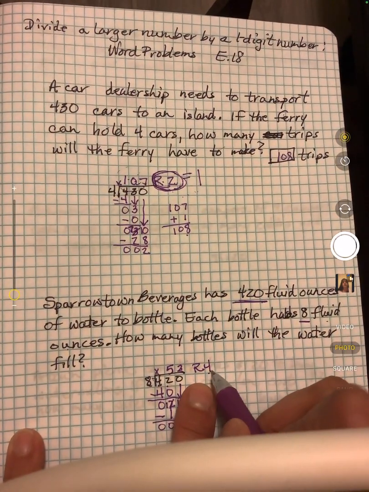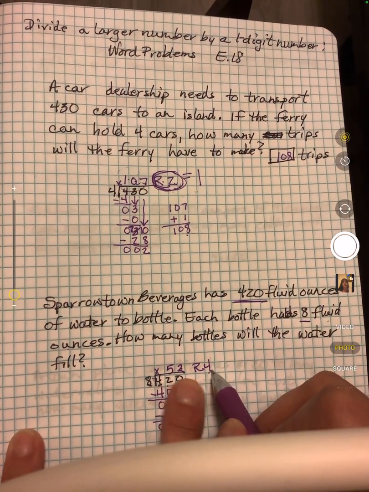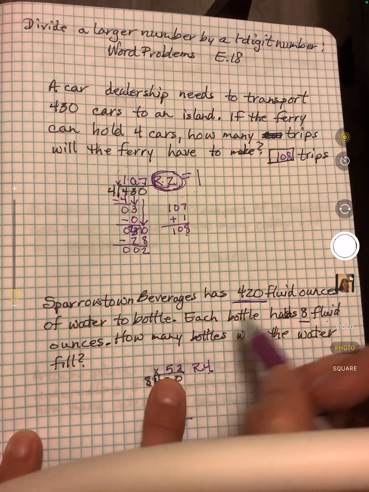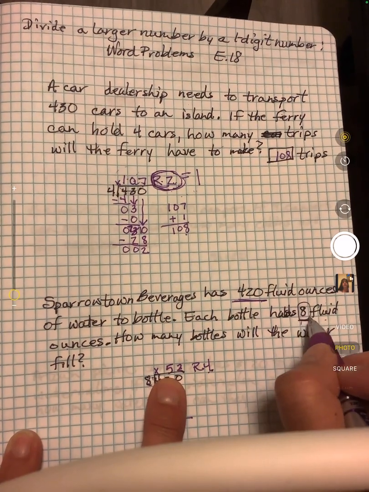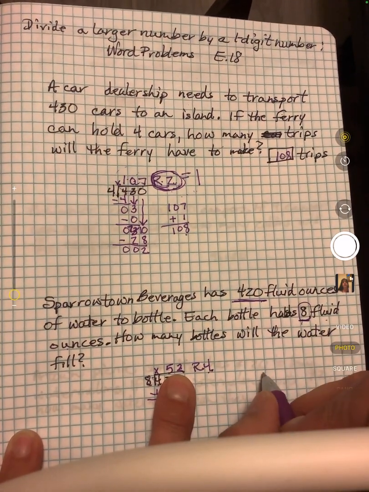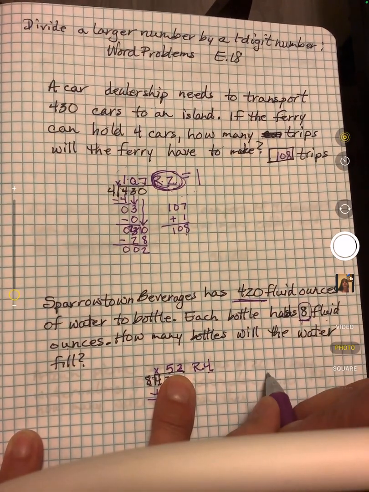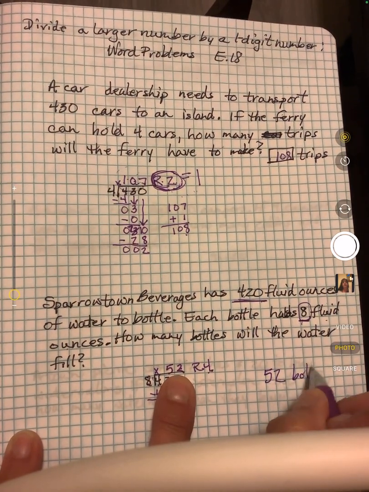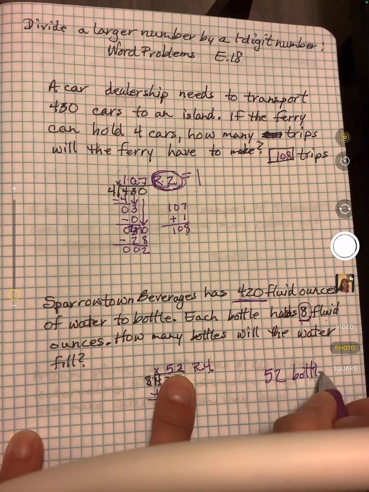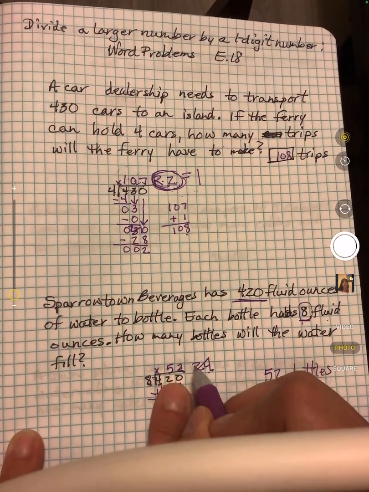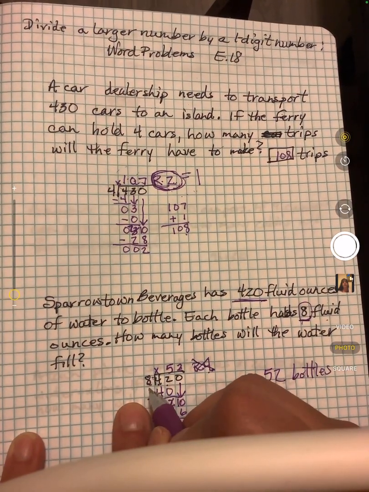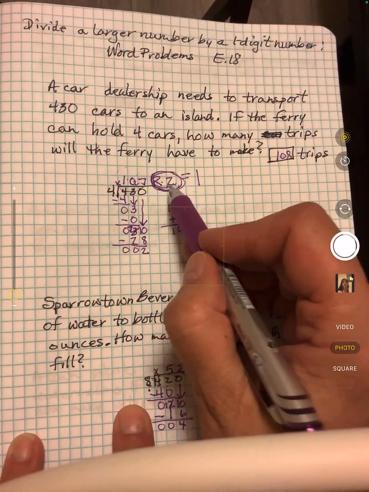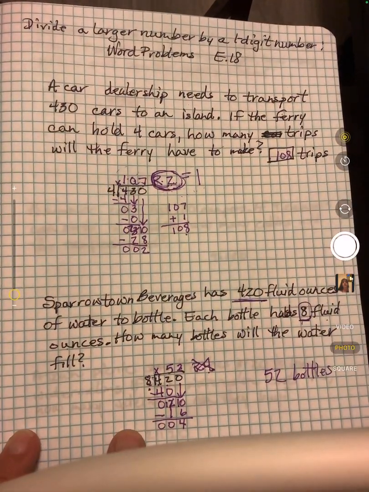Now, I can't count this time because I need it to be full, and it has to have 8. So 420 fluid ounces would fill 52 water bottles. I can't count that because it's not a full 8. Here I have to count it because I have to get those cars across. Okay.